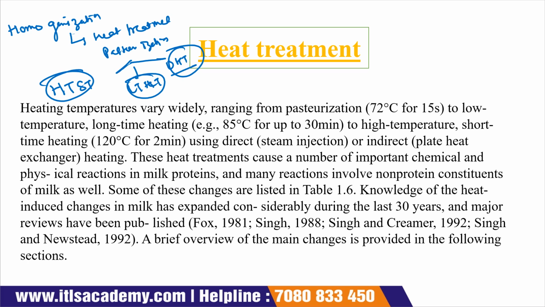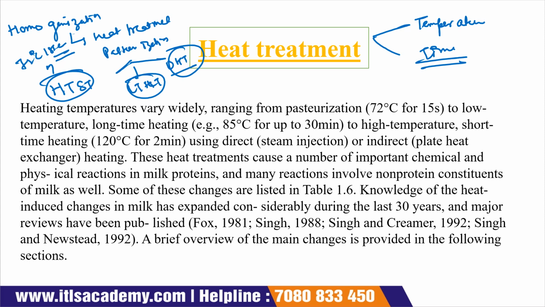So I already told you, heat treatments totally depend upon the combination of temperature and time. Here, if the pasteurization occurs at 72 degrees Celsius for 15 seconds, it comes under the HTST process.